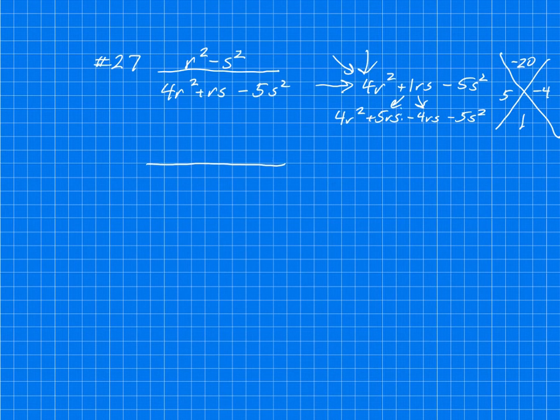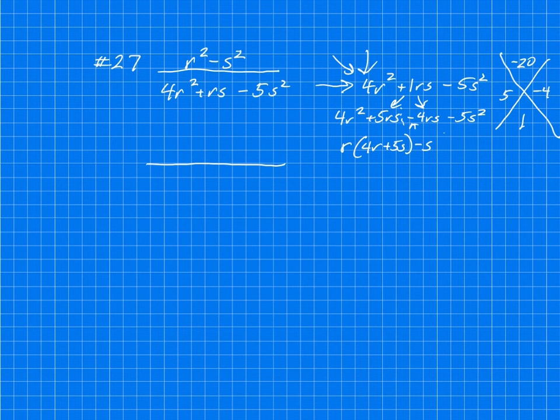I'm going to break this up, and I'm going to say they both have an r term. So I'm going to take out an r, and I get 4r plus 5s. On the next one, because there's a negative sign here, I'm going to try to take out a negative 1s. So I'm just going to go negative s. I'm going to take that out.